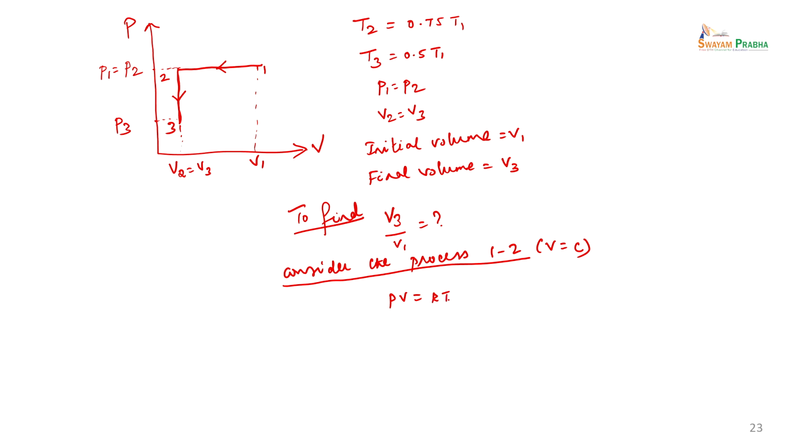Apply this equation to state 1. P1 V1 is equal to R into T1, R is the gas constant, and at state 2 we can write P2 V2 is equal to R into T2. Let us take this as equation number 1 and this as equation number 2.